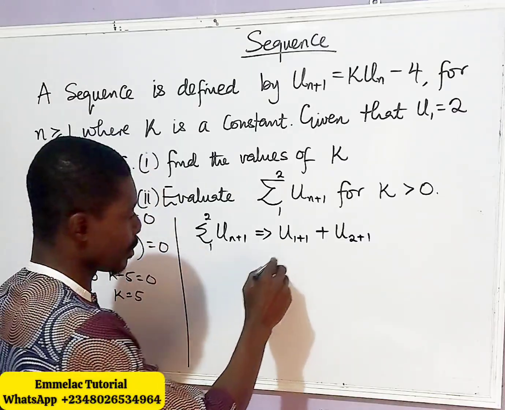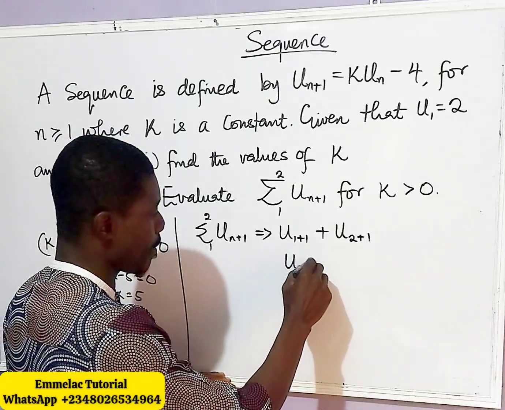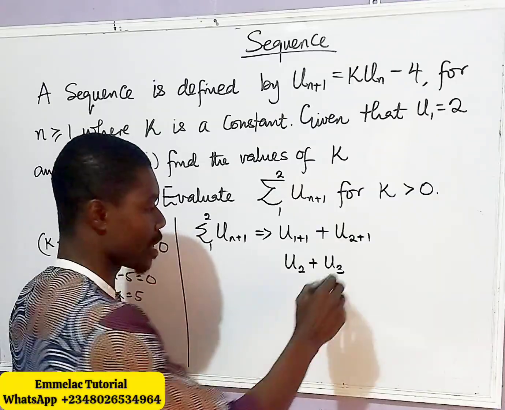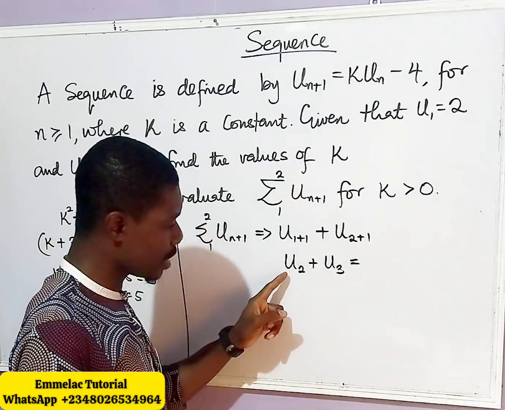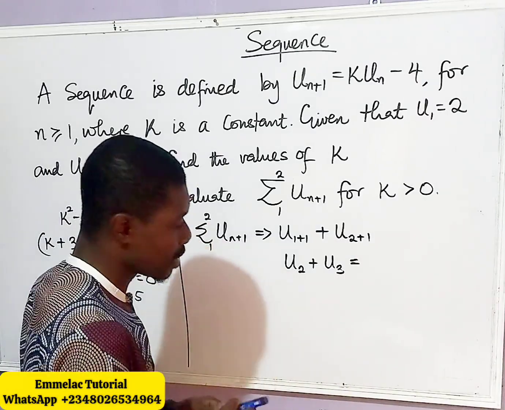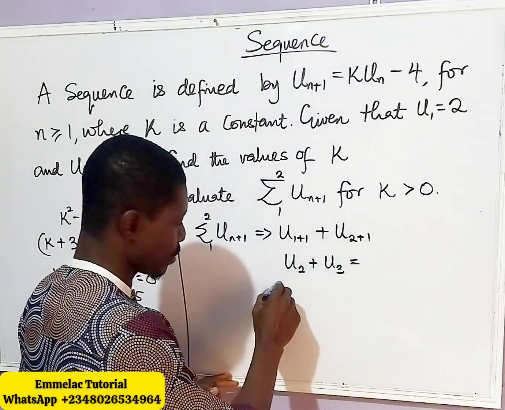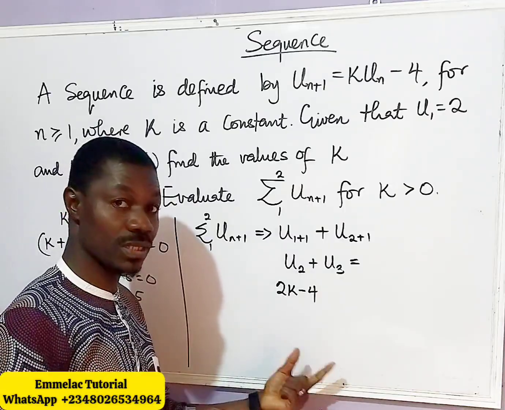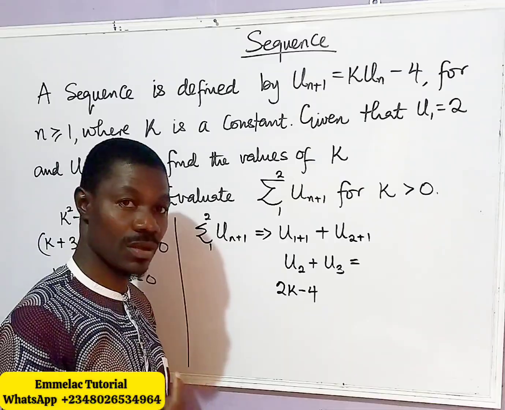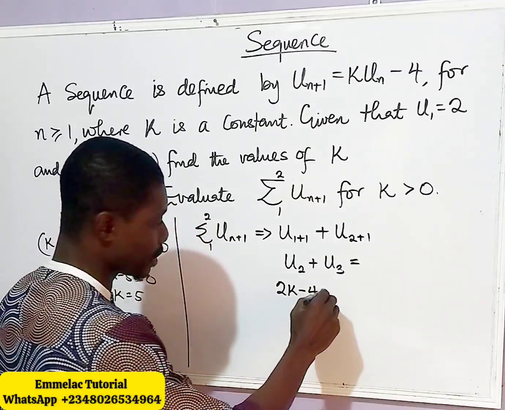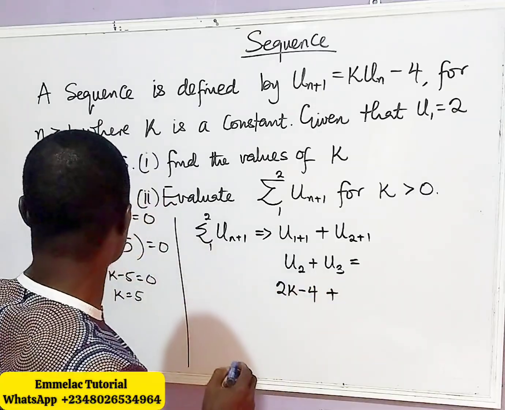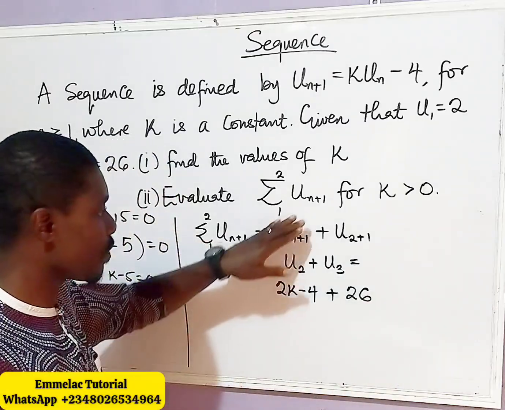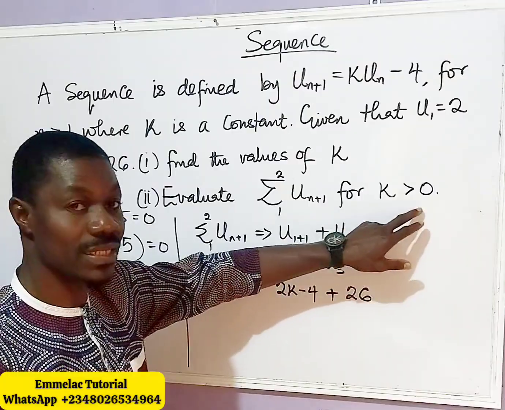So this will give us u sub 2 plus u sub 3, which is the second term and the third term. So let us record that the second term is given as 2k minus 4. Okay, from the other one we did, you can just go back to the video. Then plus the third term, which is what? 26. Alright, but take note that we are told to find the sum for k greater than what?